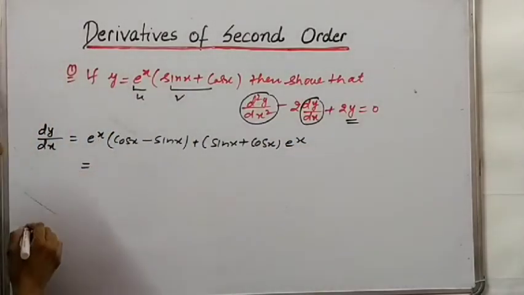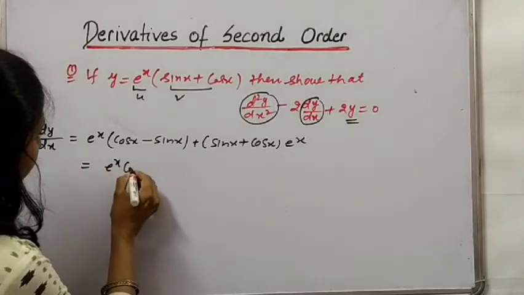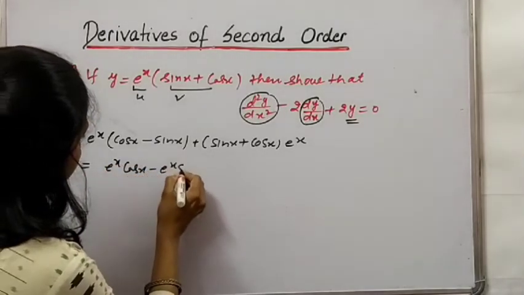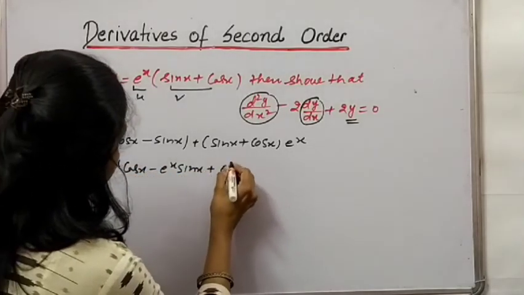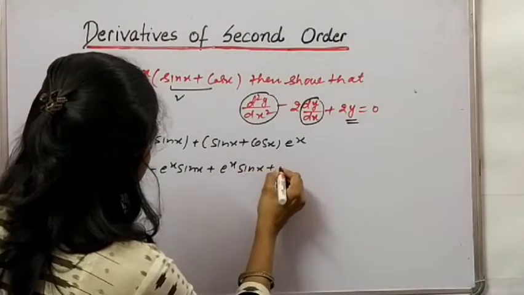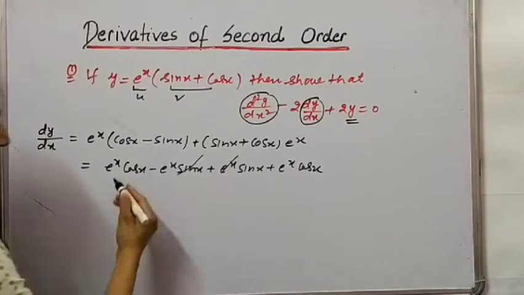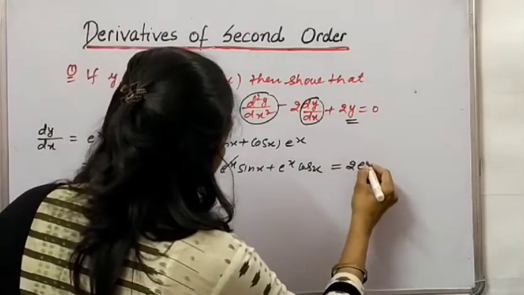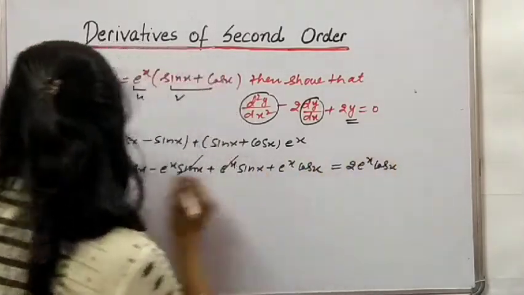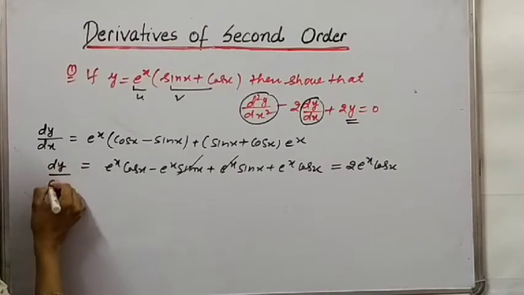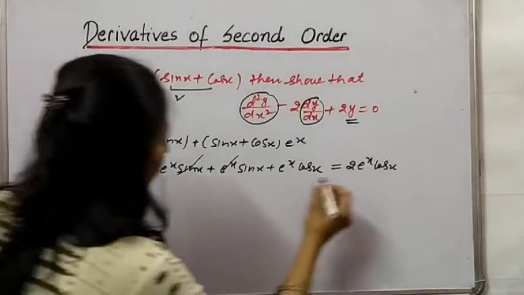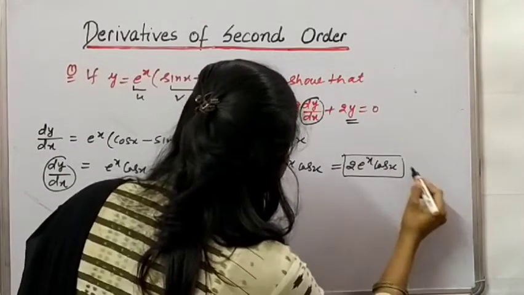After simplification we will get e raised to power x cos x minus e raised to power x sin x plus e raised to power x sin x plus e raised to power x cos x, and from here we will get 2 e raised to power x cos x. So dy by dx is equal to 2 into e raised to power x into cos x.